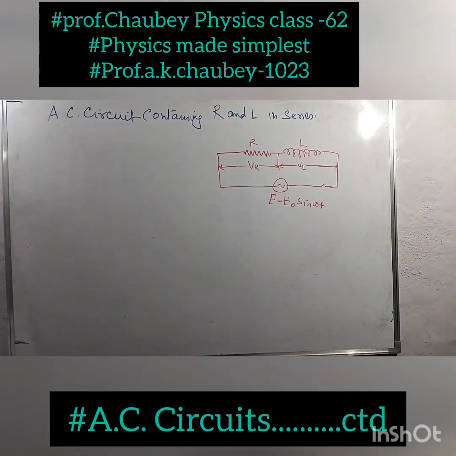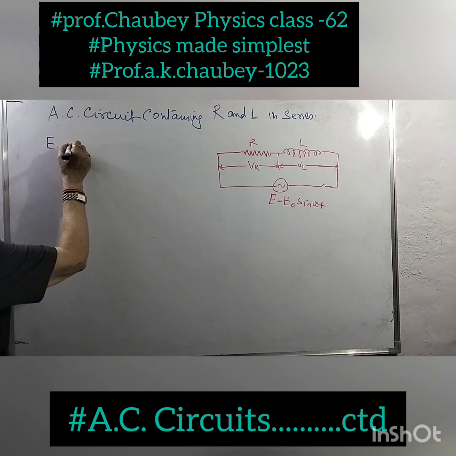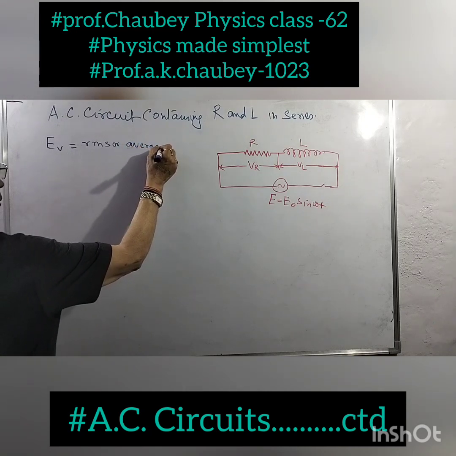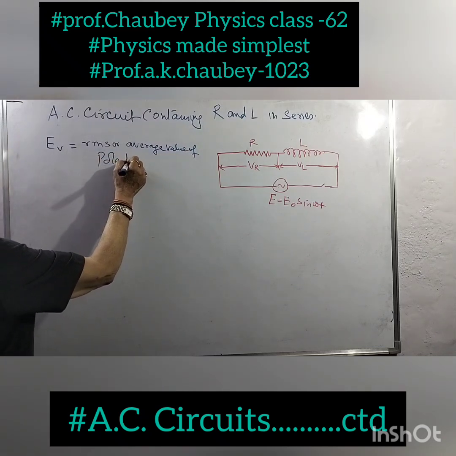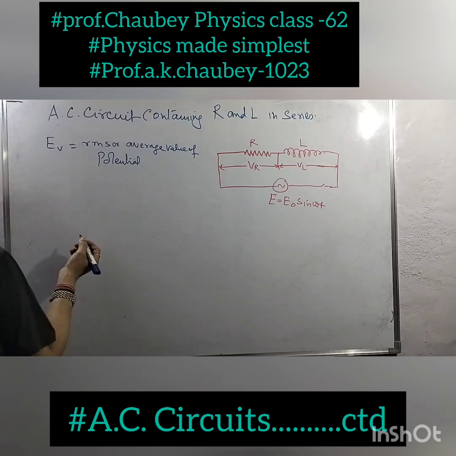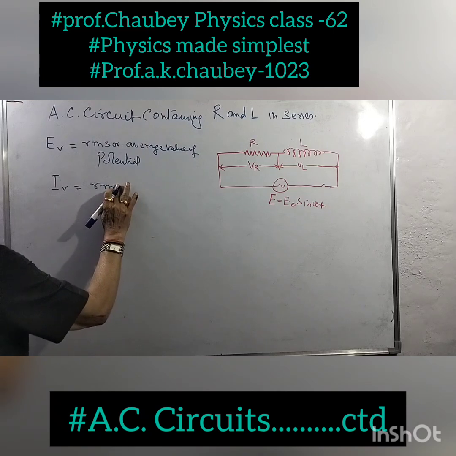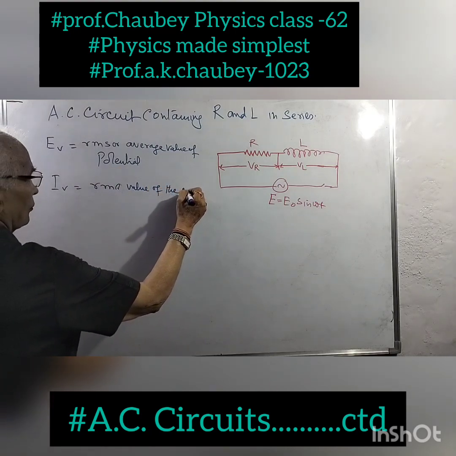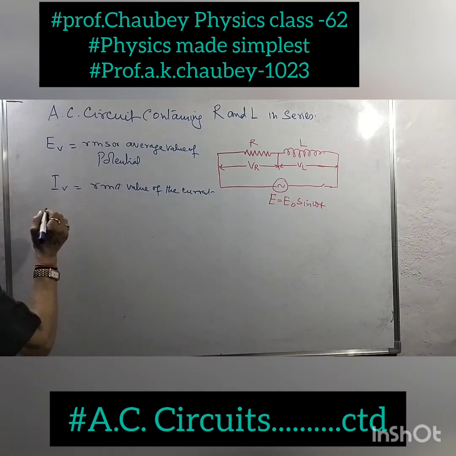Now what can we write? EV is the RMS or average value of the potential, IV similarly is the RMS value of the current, and VR and VL.